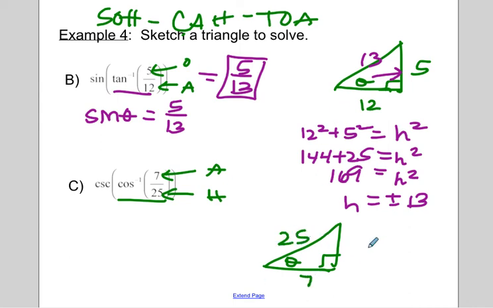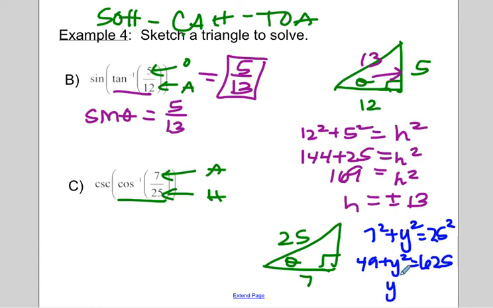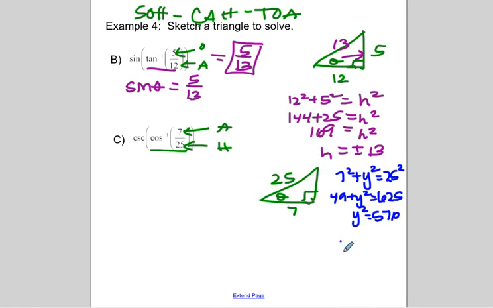I use the Pythagorean theorem. I would have 7 squared plus y squared equals 25 squared. So I have 49 plus y squared equals 625. Subtract 49, which gives me 576. And I take the square root. So y is equal to 24.